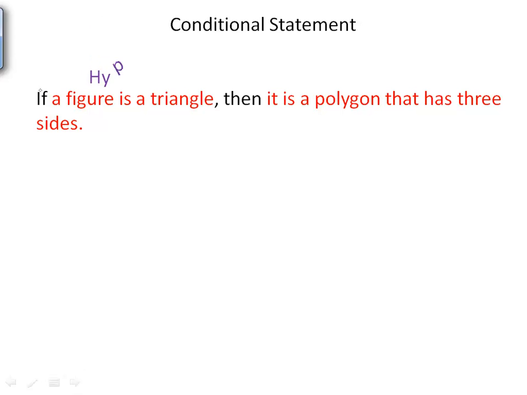We look for our keyword if, and we see it identifies where the hypothesis is, and that we call A. And where is the conclusion? The keyword then helped us find the conclusion: a polygon that has 3 sides. That we call B.